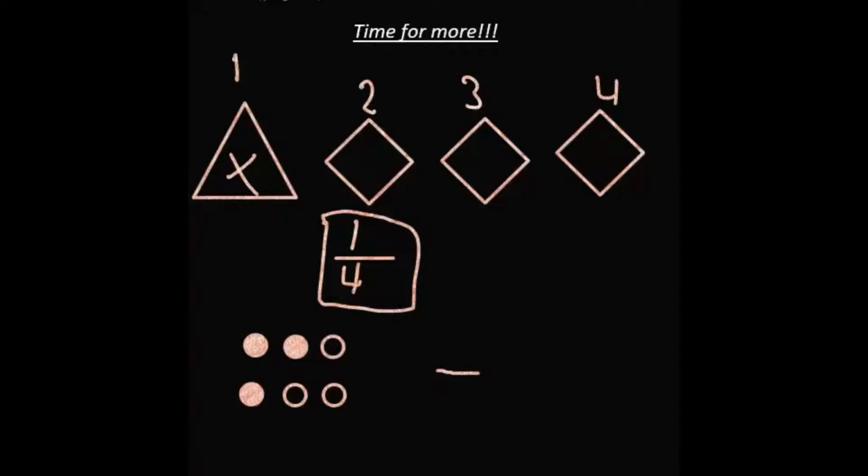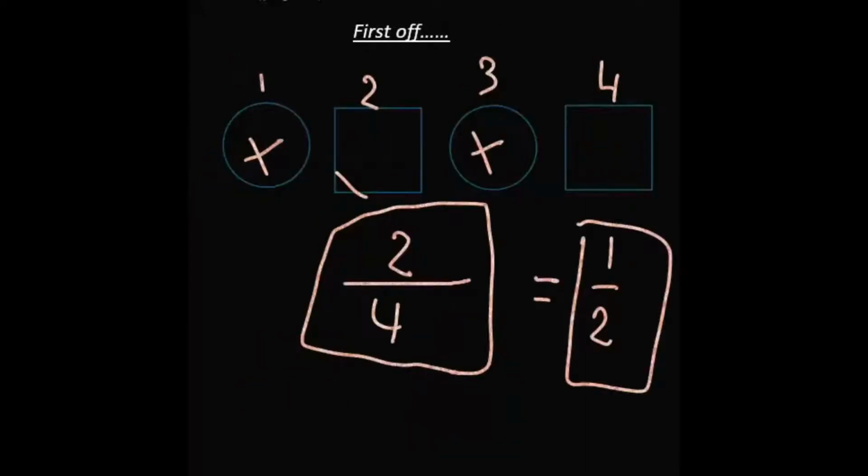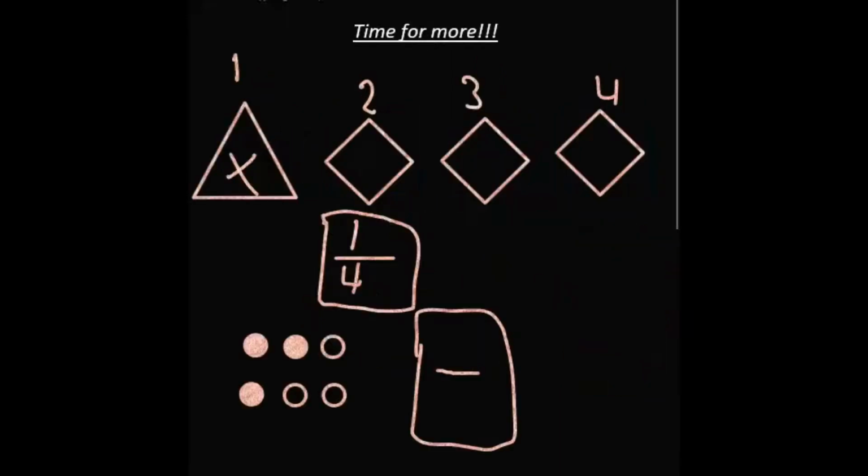Now let's move on to this next set. This set looks different from the one we did right here and the one we did here, right? So all we have to do here is find the fraction of solid circles here.